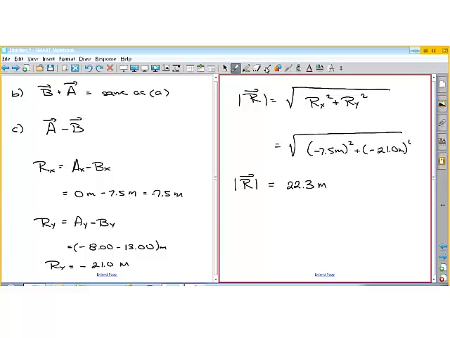The angle theta, well, let me draw it small scale here. What we had is the vector looking something like this, negative 7.5, negative 21. So it's in the third quadrant. This is the angle we're looking for. If we find this angle, we can just add that to 180 to get the final answer.